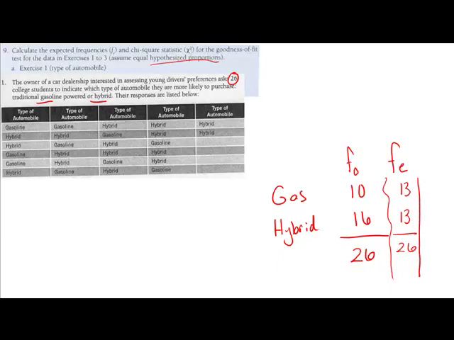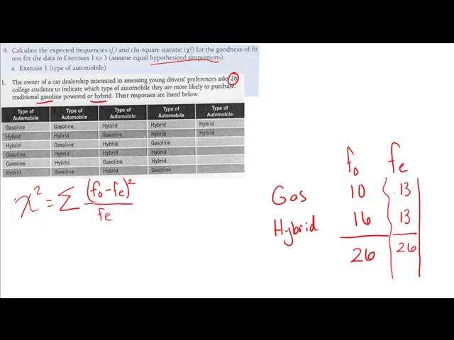The next step is to calculate the chi-square. A chi-square statistic, chi squared, for a goodness of fit test is equal to the sum of frequency observed minus frequency expected, squared, divided by frequency expected.